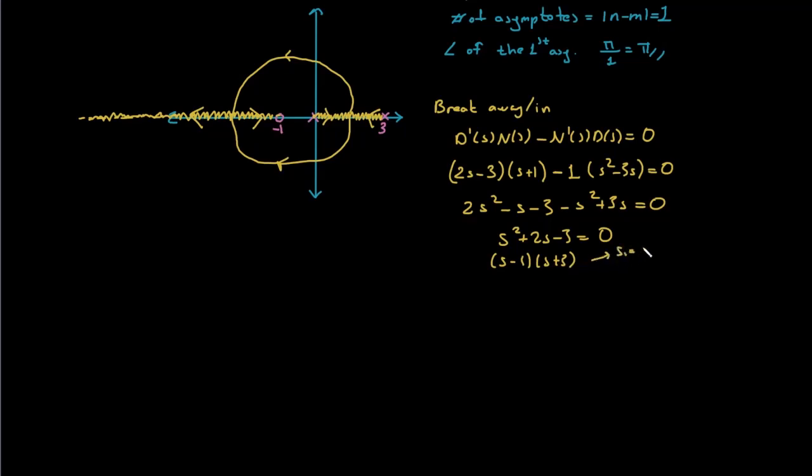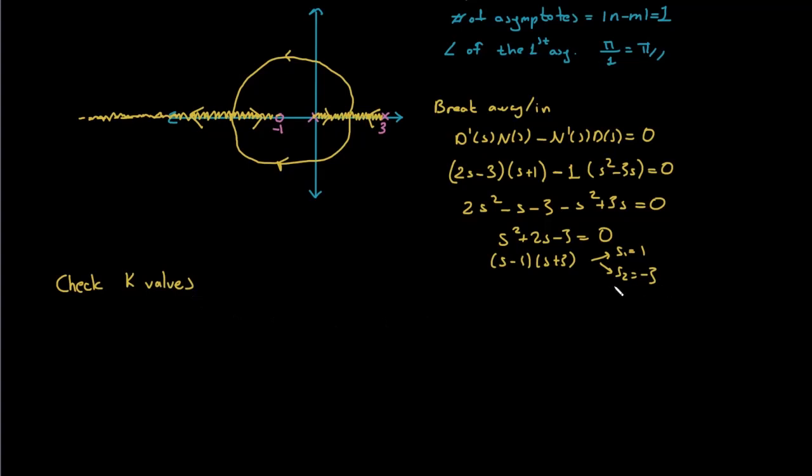So s1 is equal to 1 and s2 is equal to minus 3. Remember that solving this equation alone was not enough. We need to also check the k values. So let me write it over here: check k values.